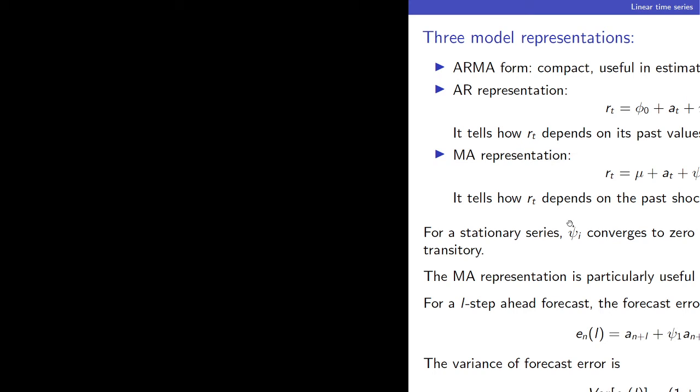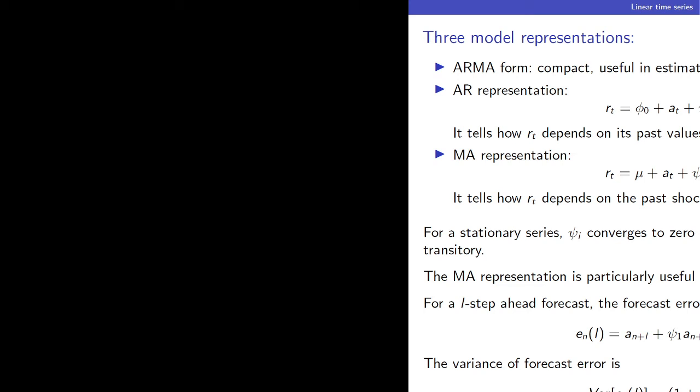So the MA representation is written in this form. Here's the average, and it tells how r_t depends on past shocks. For a stationary series, this psi_i converges to 0, which means the effect of any shock doesn't affect the model in the long run.